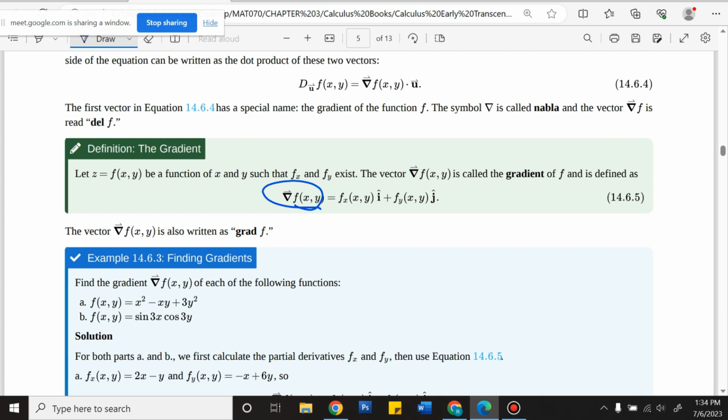Okay. And the gradient, class, is defined as this: f of xy, the derivative of f with respect to x times i, and the derivative of f with respect to y. What is the difference between them and our first part, the directional derivative?